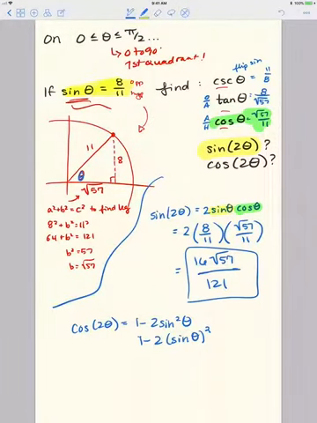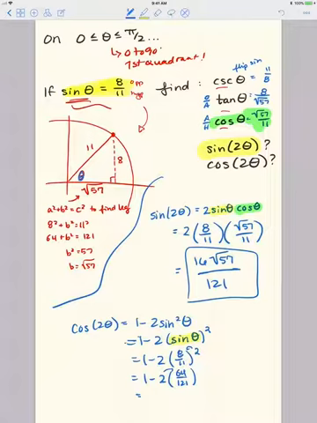So we have that again, we have that sine theta was 8 over 11. So I'm simply going to replace: 1 minus 2 times 8 over 11 squared. And then follow order of operations, I need to square the 8 over 11 first. So that's 64 over 121. Then I'll multiply that by 2.